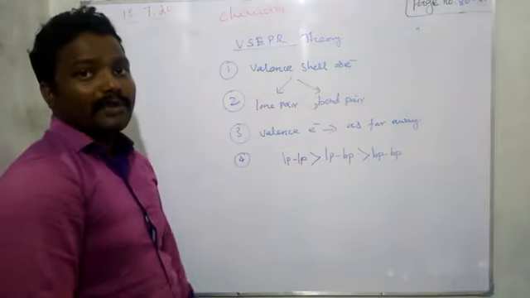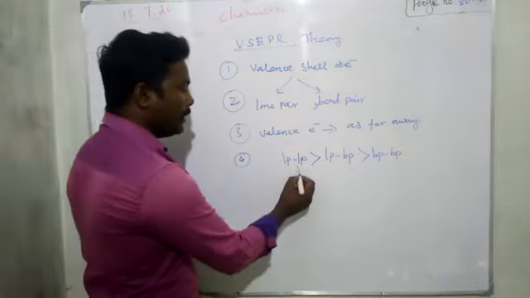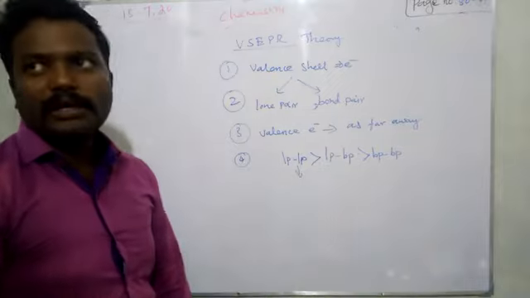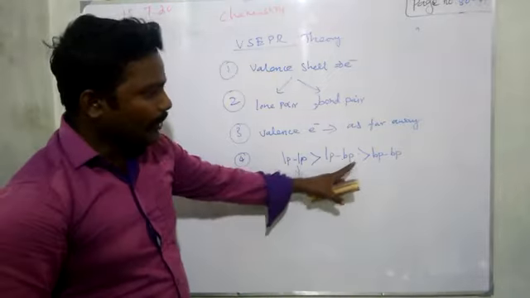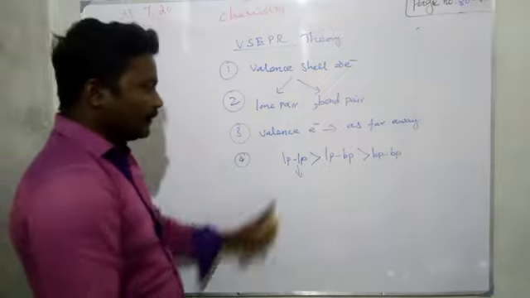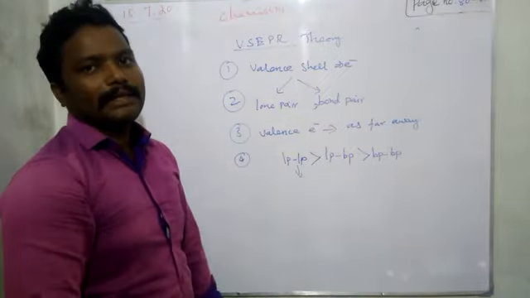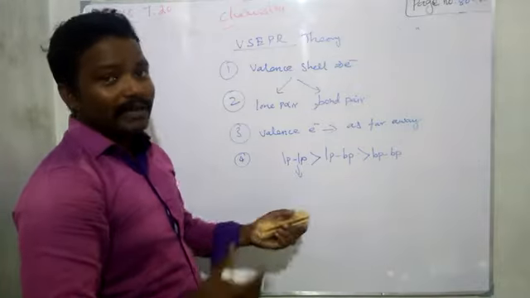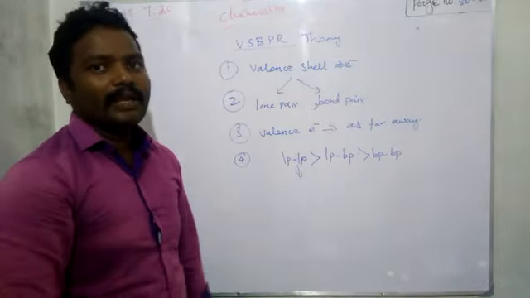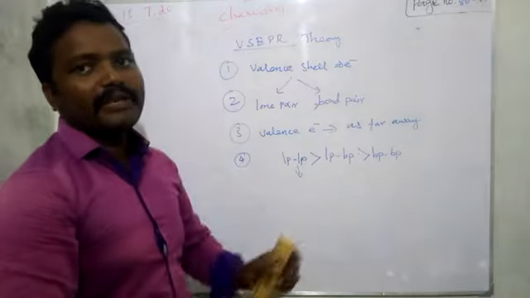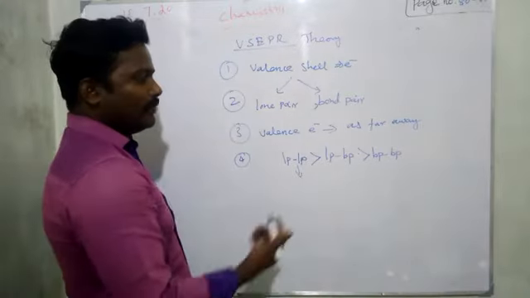Lone pair has high repulsion. Why? A lone pair electron is located only with that particular atom, but a bond pair is shared by two different atoms. Because of that, a lone pair has a high force of repulsion.